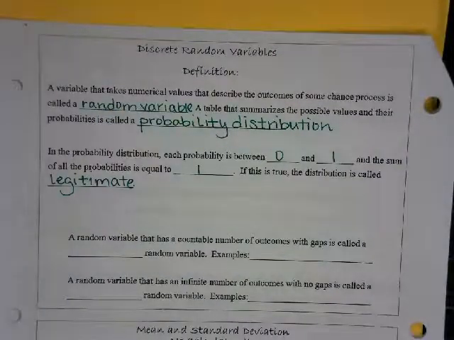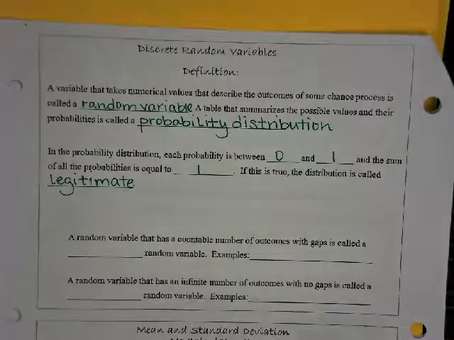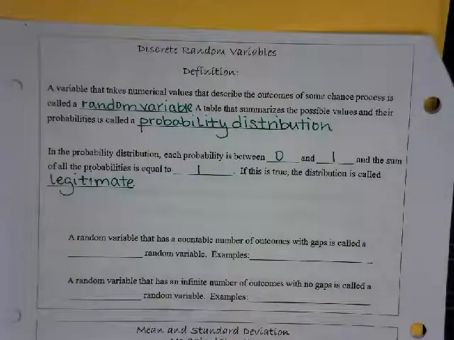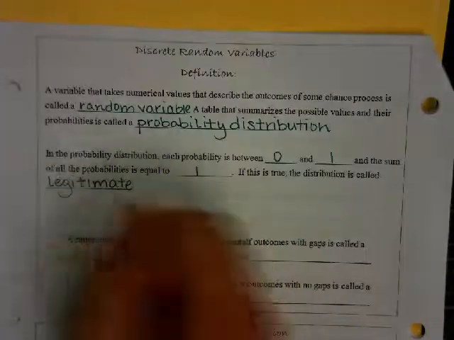So there are 2 types of variables we're going to focus on. One is discrete and the other is continuous. A random variable that has a countable number of outcomes with gaps is called a discrete random variable.